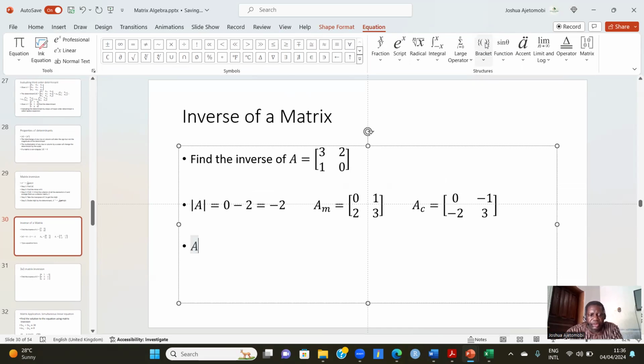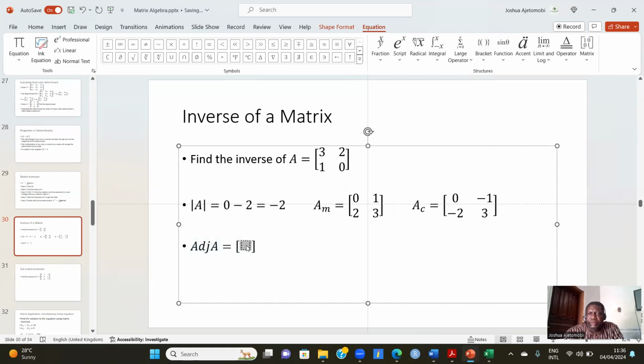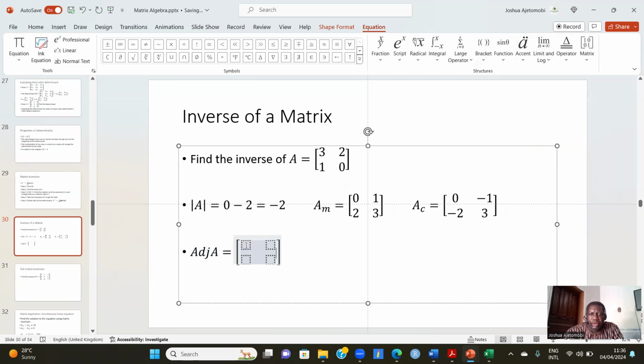So we want to get the adjoint of A, and that will give us 0, minus 2, minus 1, 3.